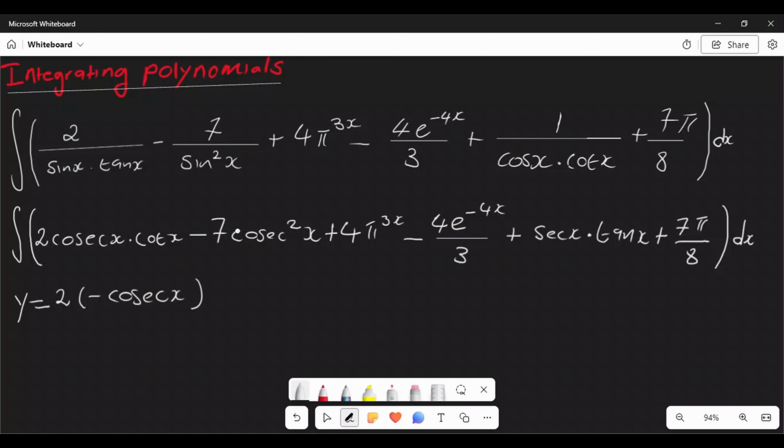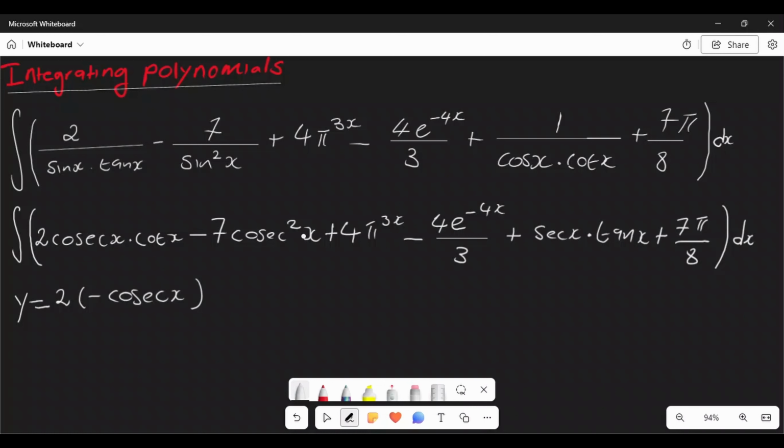Now the second term, we have 7 cosec squared x. So how are you going to integrate this one? Again, you need to know your differentiation, guys. The derivative of cot is actually negative cosec squared.